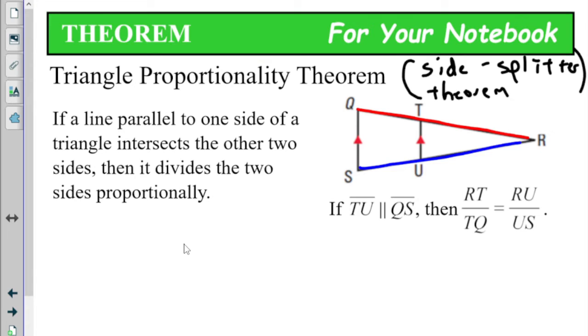So if a line is parallel to one side of a triangle intersecting the other two sides, then it divides the two sides proportionally. So this is also called the side splitter theorem. It's called that because it splits off the sides.